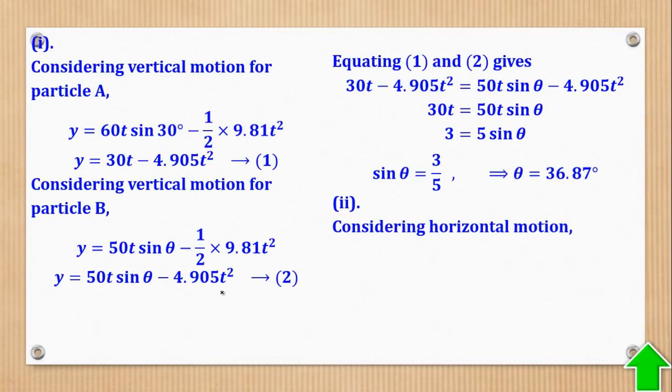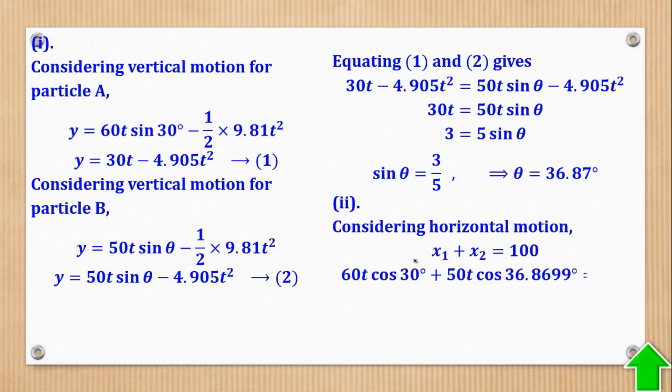So considering horizontal motion, x1 plus x2 is equal to 100. But I know that x1 is ut cos theta, which is ut cos 30, and x2 is also ut cos theta. So we got this as this. Here they should be to 2 decimal places because angles are given to 2 decimal places.